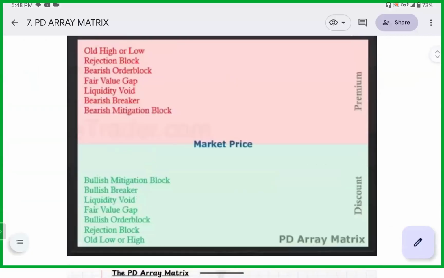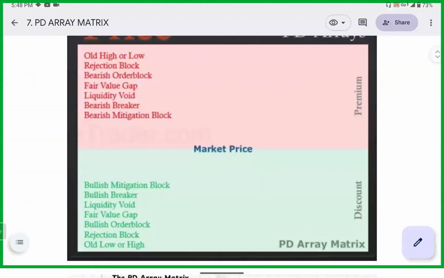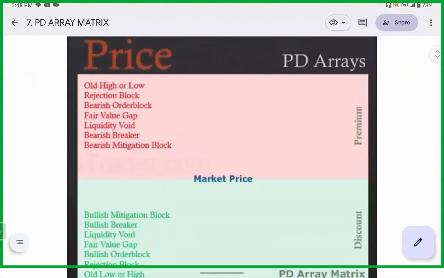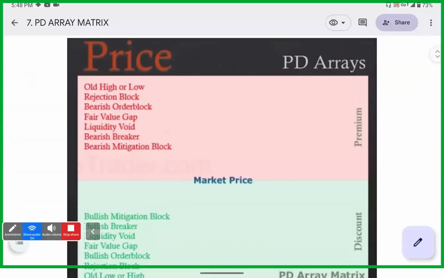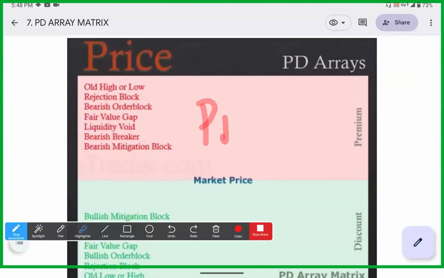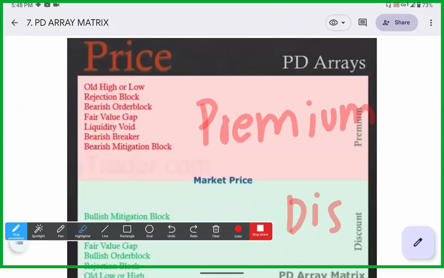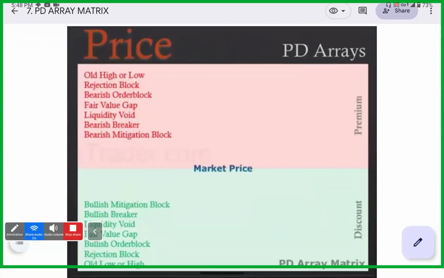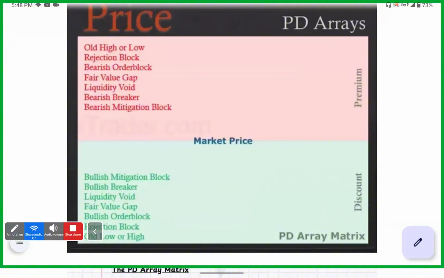So in this premium and discount, we have key levels. This is premium, that's what we call, there will be the resistance. You get? And in the discount, there will be support. So these are key levels where price taps into and reverses back.